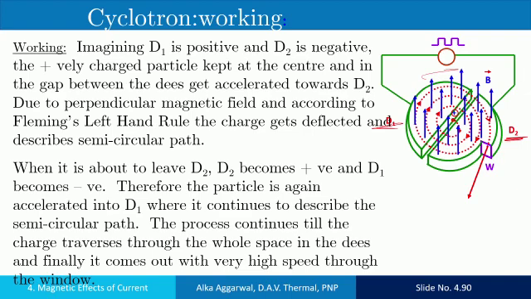As it emerges into the space between the two Ds, immediately D1 becomes positive and D2 becomes negative, and the particle gets accelerated again and its velocity is increased again. Again, it describes a semicircle inside the D and comes out in the gap. This process goes on, and ultimately the particle comes near the edge and is taken out of the window.